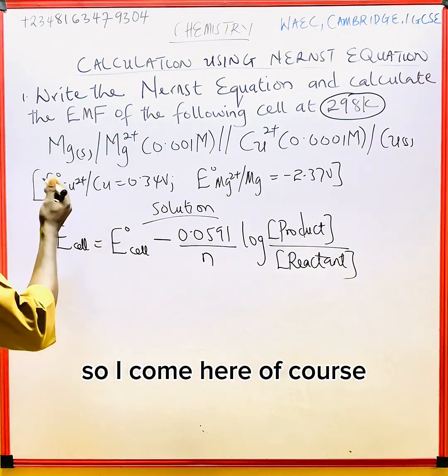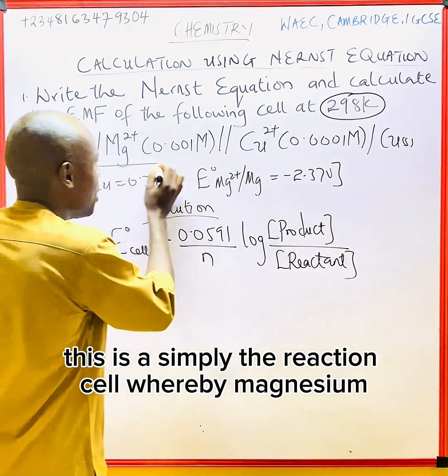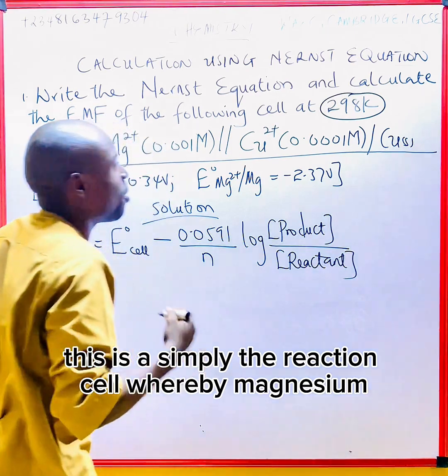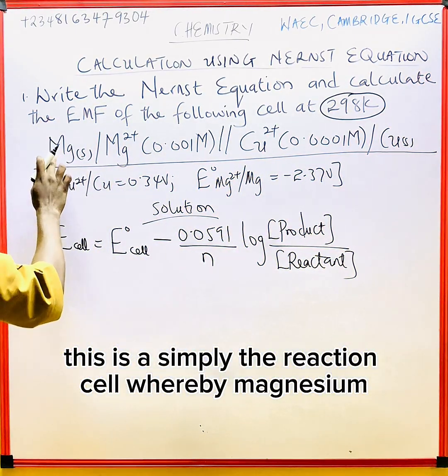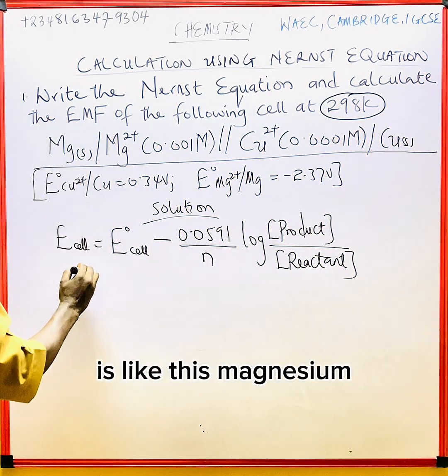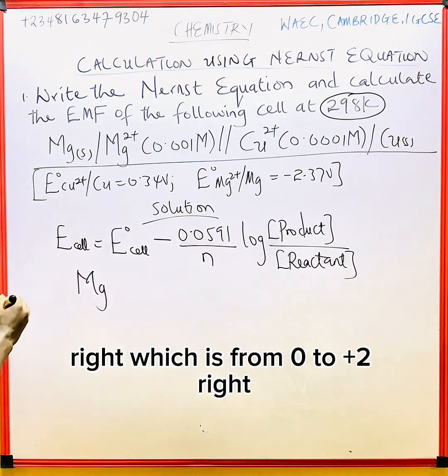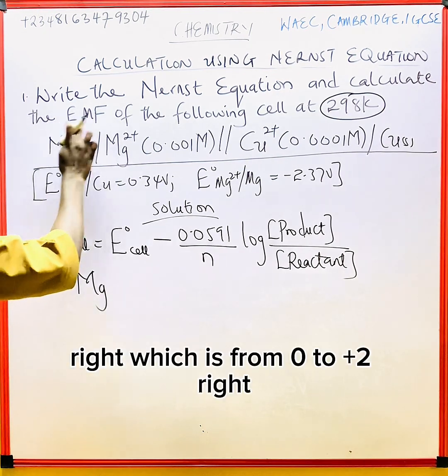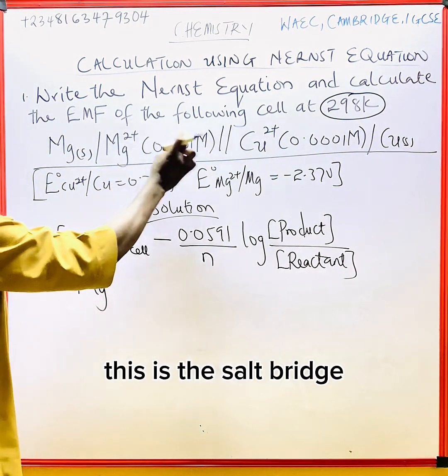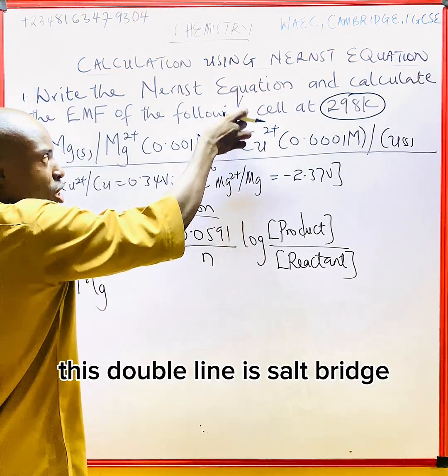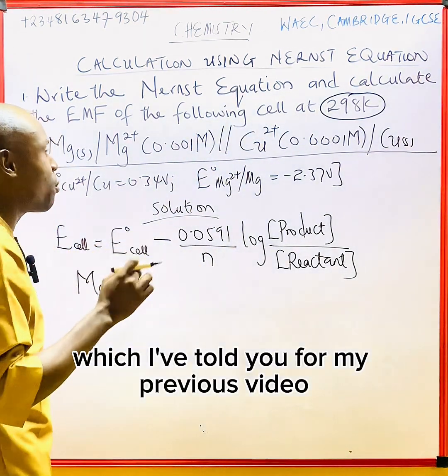So I come here. Of course, this is simply the cell reaction, whereby magnesium goes from 0 to +2. This double line is the salt bridge, which I've told you about in my previous video.